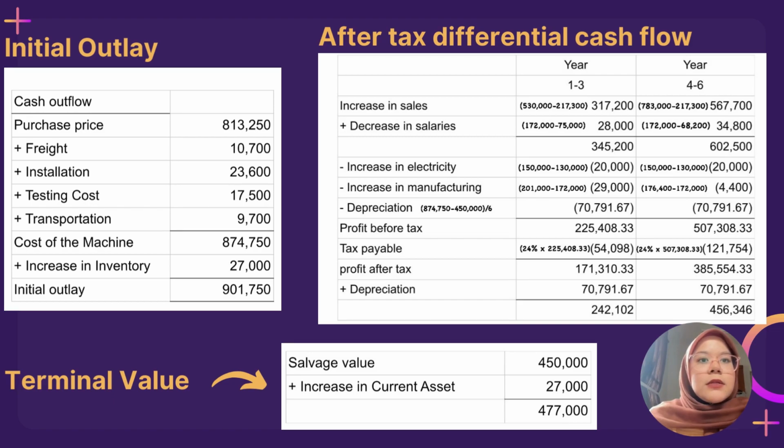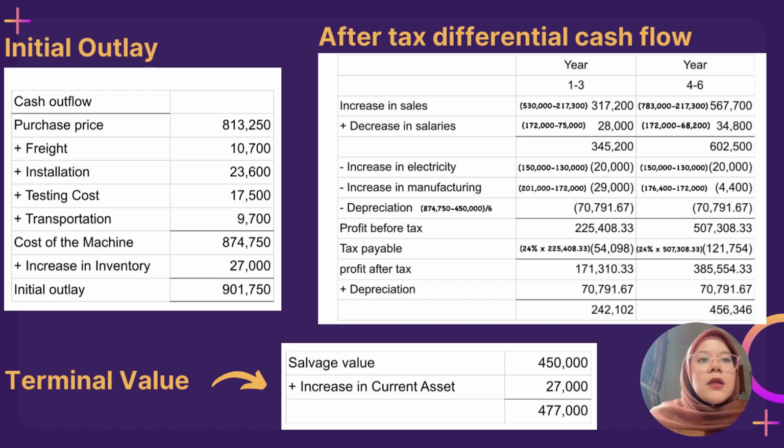The total tax payable for year 1 until year 3 is 54,098, and for year 4 until year 6 is 121,754. So the profit after tax for year 1 until year 3 is 171,310.33 and 385,554.33 for year 4 until year 6. So we plus with depreciation, which is 70,791.67 for year 1 until year 3 and year 4 until year 6.